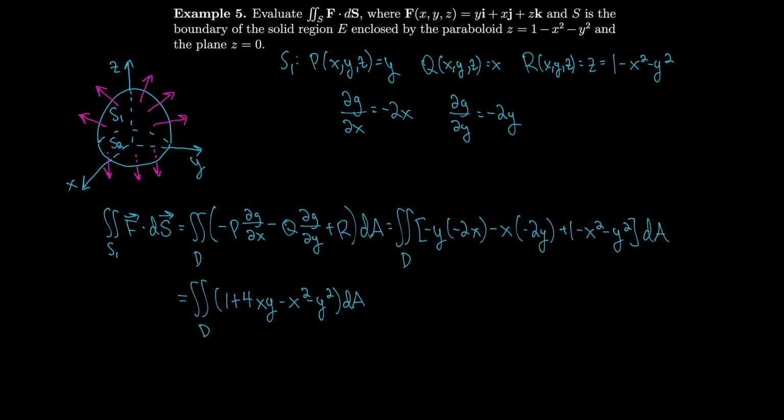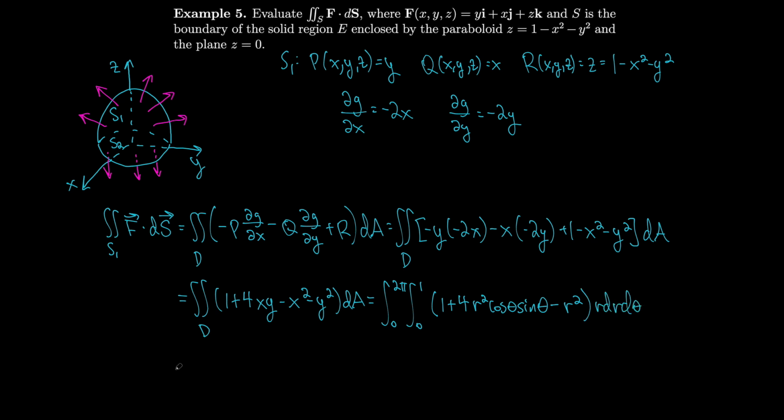And it looks like it's probably easier to convert to polar coordinates to do this. So we'll say theta goes between 0 and 2 pi, and r goes between 0 and 1, because we're going over that disk. 1 stays 1, 4 stays 4. X times y becomes r cosine theta times r sine theta, so that'll be r squared cosine theta sine theta, minus x squared plus y squared, which is r squared, and then dA is r dr d theta.